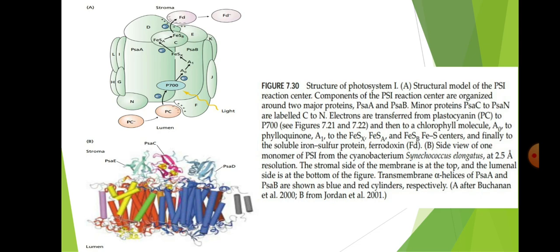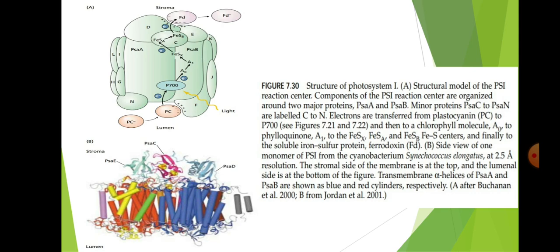Minor proteins PSAC to PSAN are labeled C to N. Electrons are transferred from plastocyanin to P700 and then to a chlorophyll molecule A0, to phylloquinone A1, to the FeS centers FeSX, FeSA and FeSB, and finally to the soluble iron sulfur protein ferredoxin, Fd, the last electron carrier molecule which reduces NADP to NADPH.